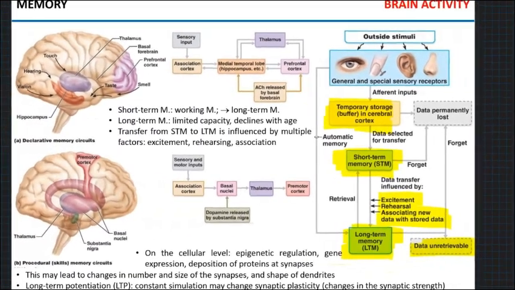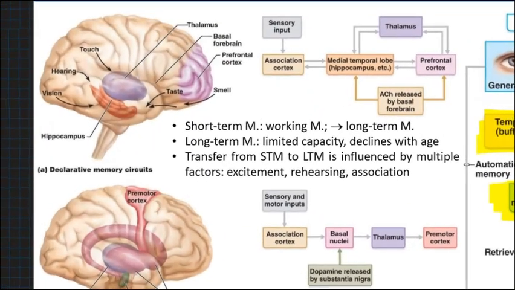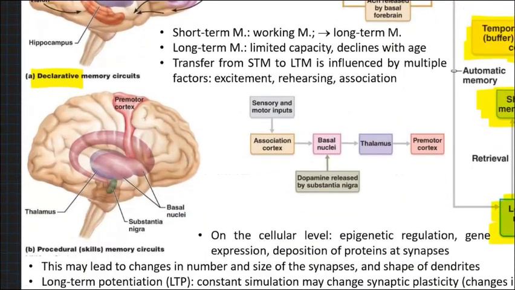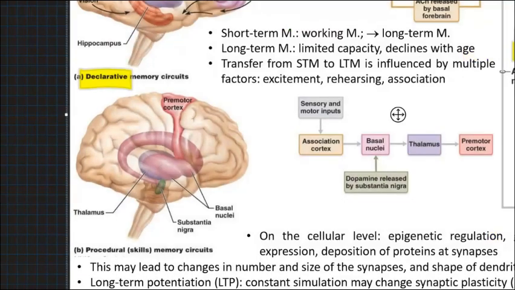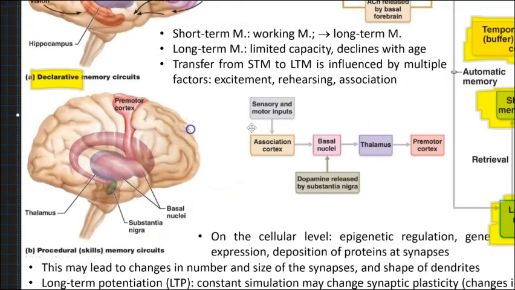Now, that's the length. What about the functional classification? We have declarative and procedural memory. The declarative memory is the one in which you, I don't know, memorize. I am memorizing a class roster. I teach a lot of classes this semester. I'm bad at it because my brain is not incorporating too many names.